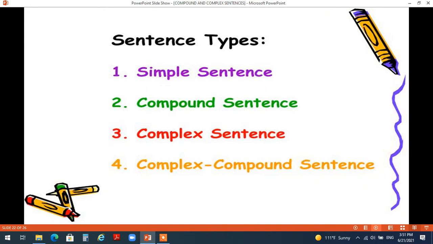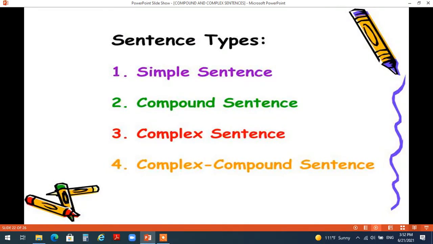The second type is called compound sentence, in which coordinators are found and we have independent clauses. The third type is called complex sentence, in which we use subordinators and in which we have a dependent clause plus an independent clause.